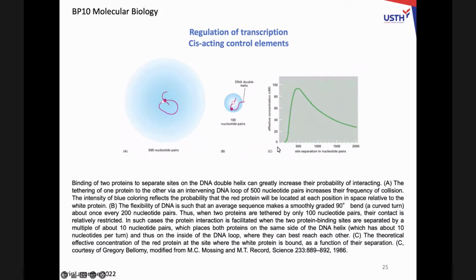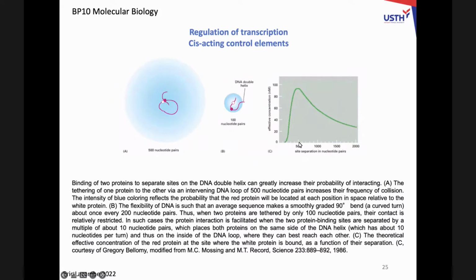Okay, so if you had to analyze this graph, it means that we are checking for the probability of contact according to the distance that separates the two objects, the red and the white. So we are going to talk about this a little bit at the very beginning after, because it's very complicated and it's very interesting.